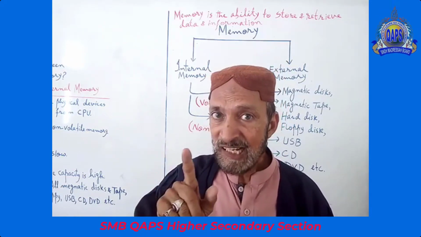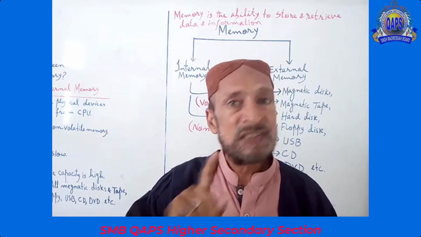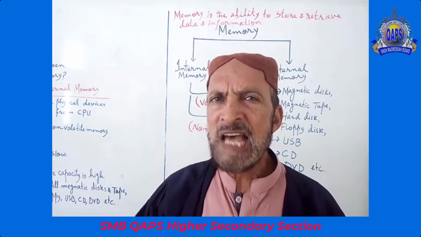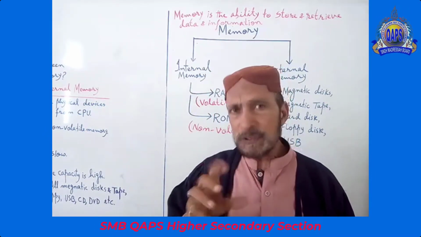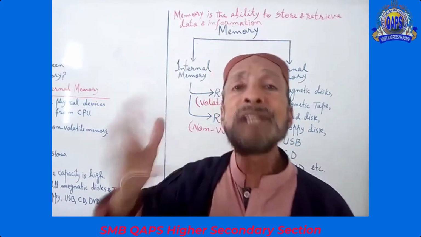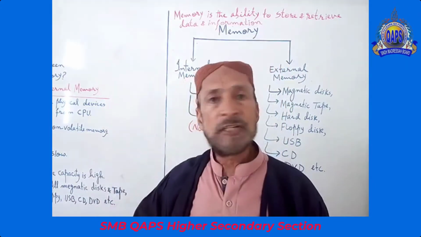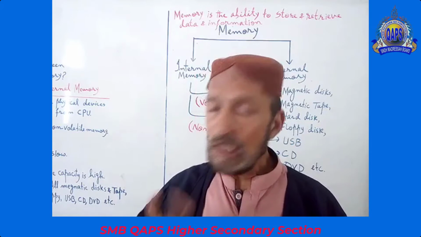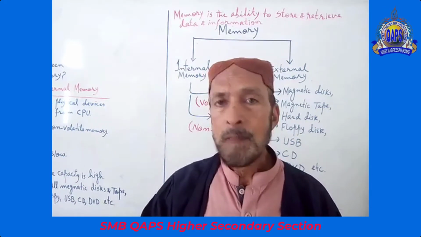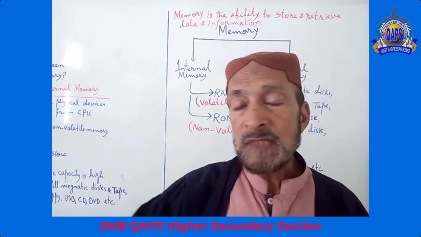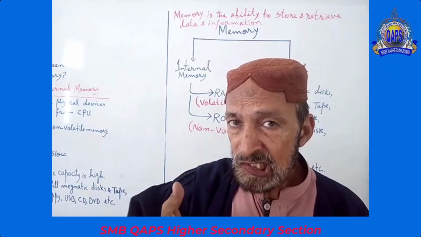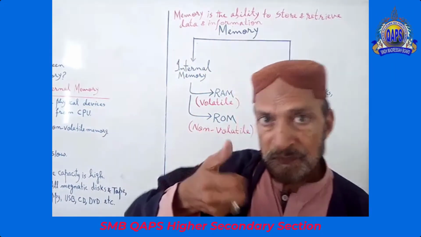That's why I told you that memory is the ability to store the data and information and then retrieve the data and information. This is the definition of memory. So, store means save.